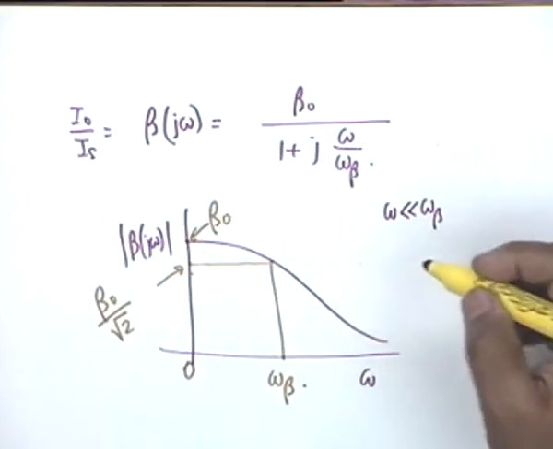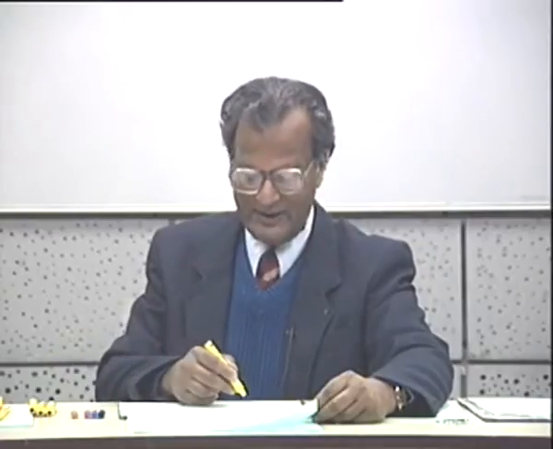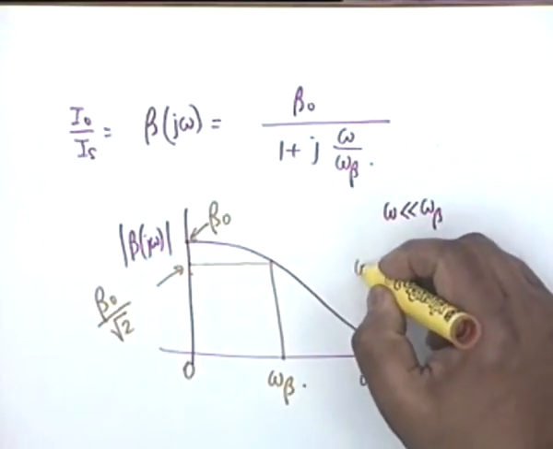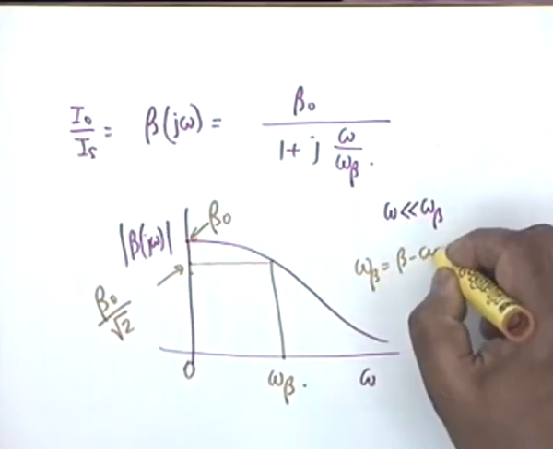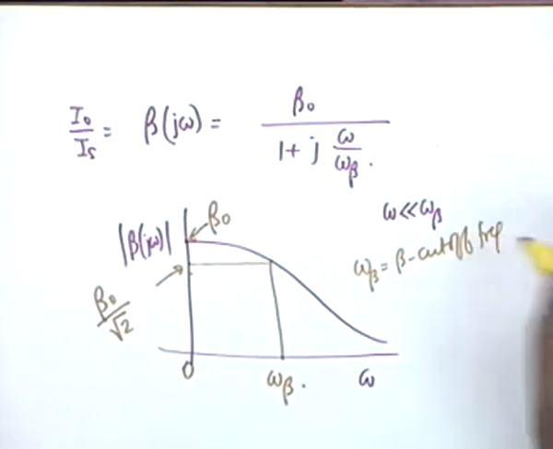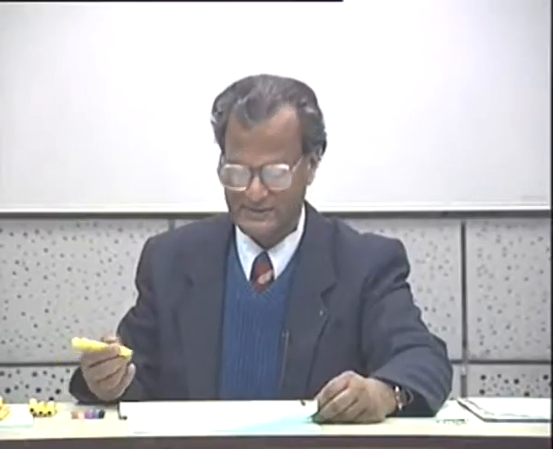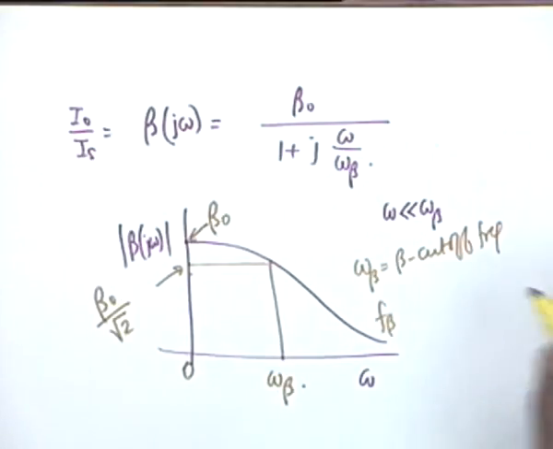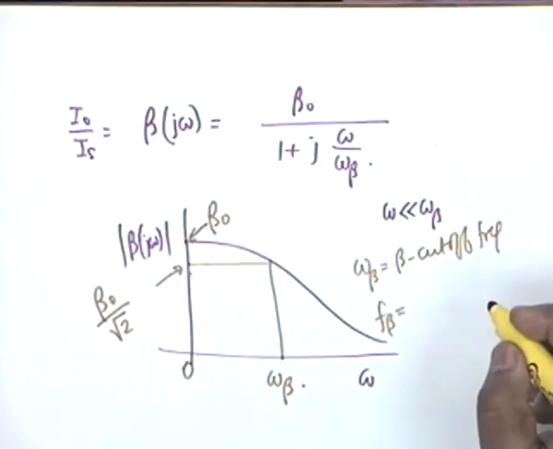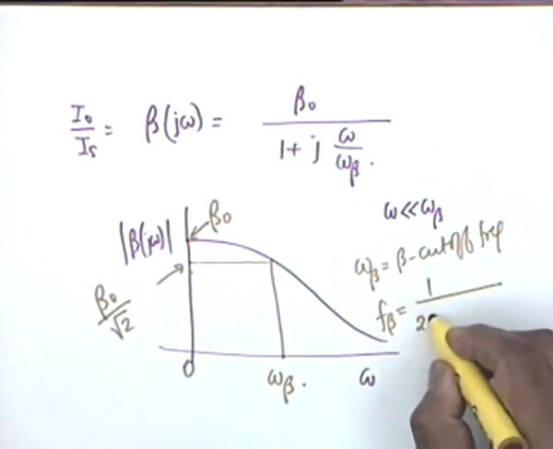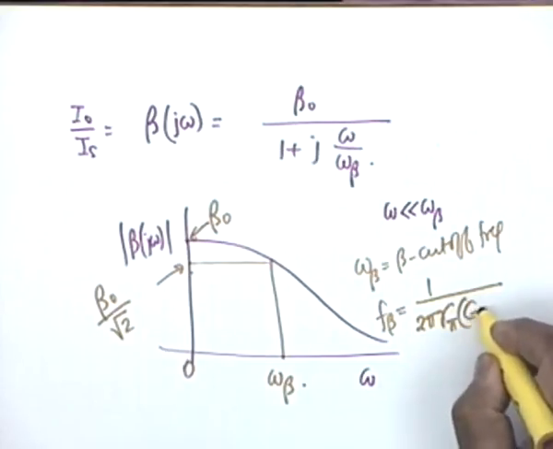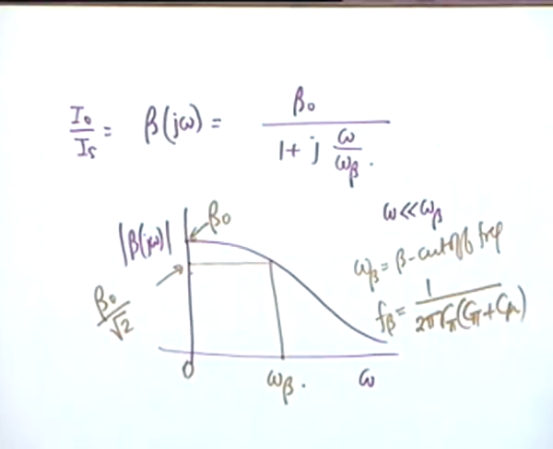So omega beta is a 3 dB cutoff, but because it applies to beta, we call it the beta cutoff frequency. It can be expressed either in radians per second or in hertz. In hertz, f beta would be equal to omega beta by 2 pi, so it would be 1 by 2 pi r pi (c pi plus c mu). Agreed? This is the beta cutoff frequency.